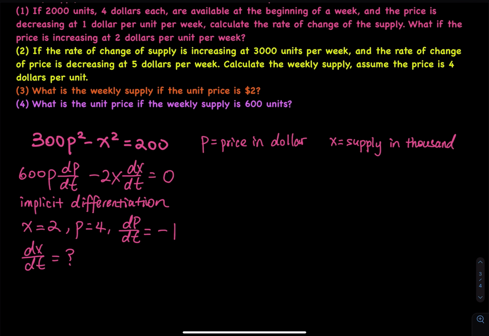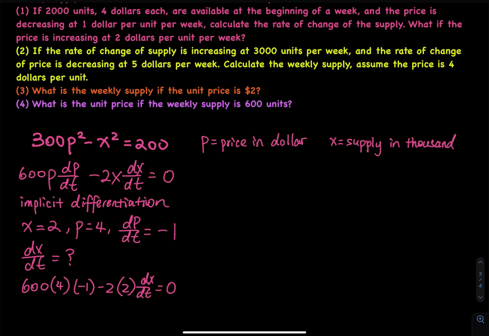So we plug in everything we know. We have 600 times 4, times dp/dt, which equals negative 1, and then minus 2x, where x equals 2, times dx/dt, which we don't know, equals 0.